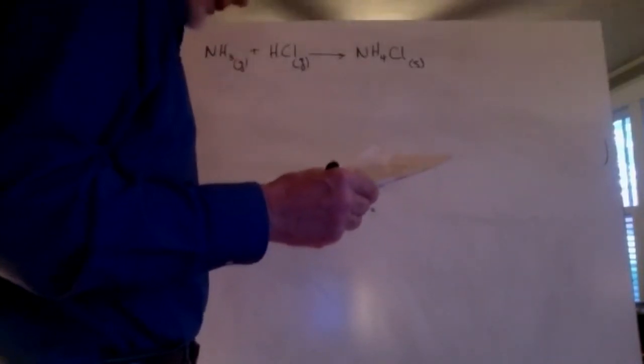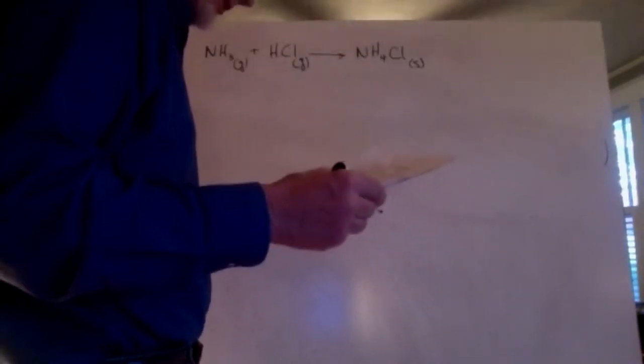This is ammonium chloride because NH4+ is ammonium ion, Cl- is chloride ion. And we know the heat of this reaction, the enthalpy change.